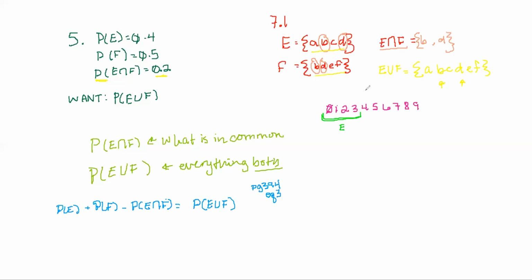Then I'm going to think about my F, and I know that I have 5 numbers inside of my F, and I know that 2 of those numbers are the same as E. So I'm just going to randomly pick. I'm going to say it looks like this.